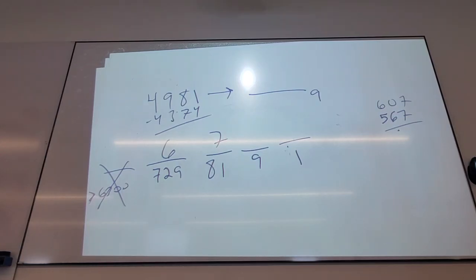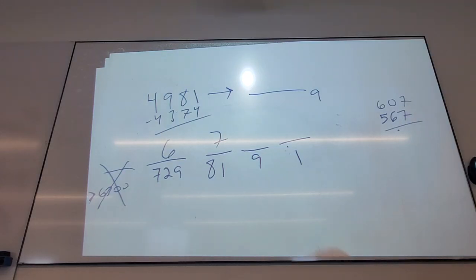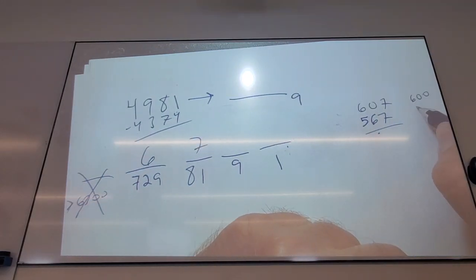Subtraction tells you how far apart two numbers are. If I move one of the numbers down 7, and I move the other number down 7, are they still the same distance apart? If I move both numbers by the same amount, they're still the same distance apart. So watch this. I know you all have calculators, and I don't care. If I move this down by 7, and I move this down by 7, what's 600 minus 560?